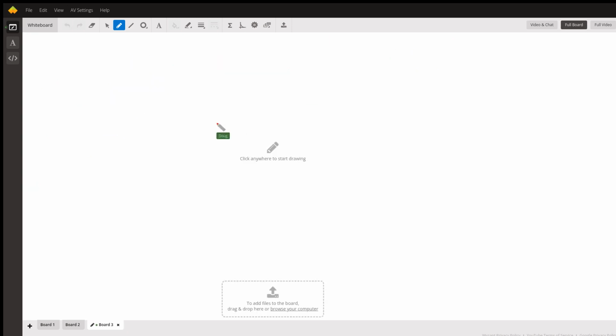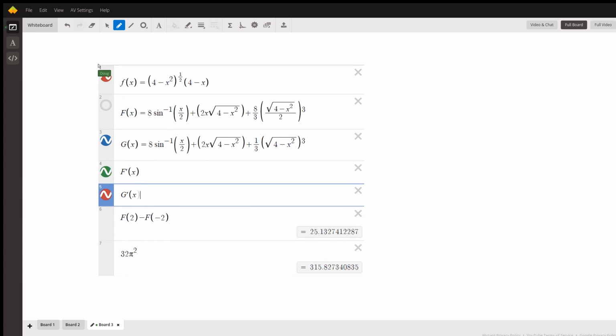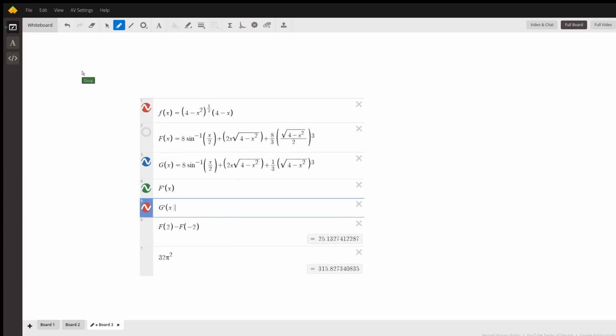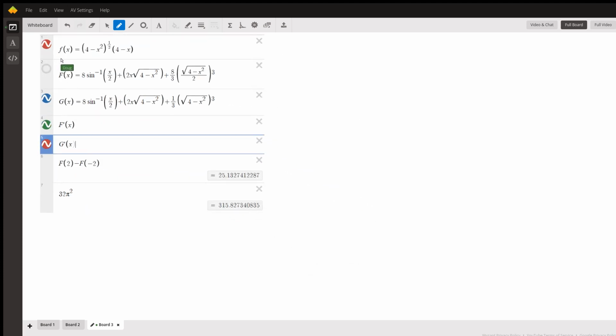We'll go to board 3. Here's your original integrand. Here's the antiderivative right here, which is what I had solved on the previous board.